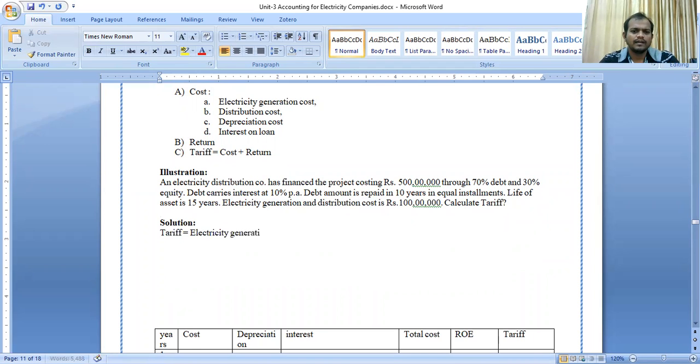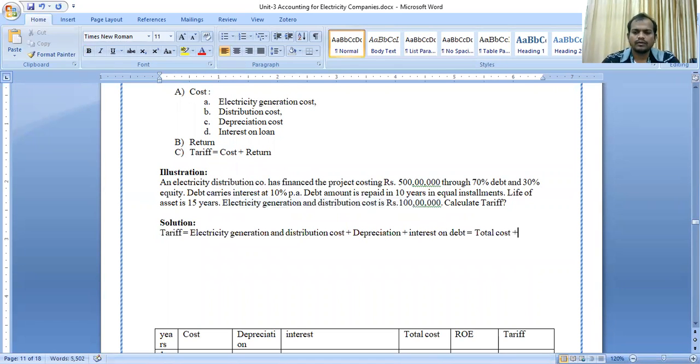Electricity generation and distribution cost, plus what else we have? We have a debt portion. So we have depreciation. Depreciation plus interest on debt is equal to total cost.